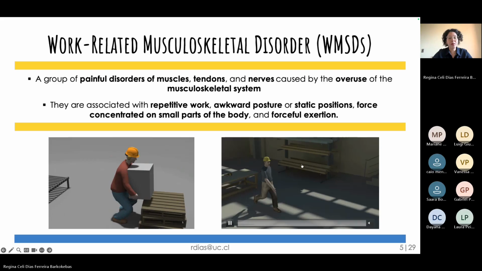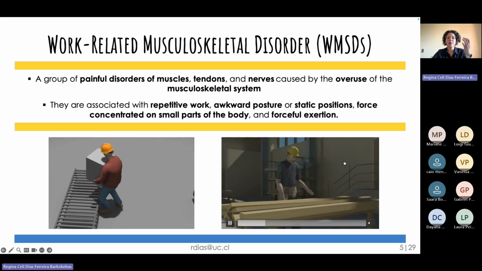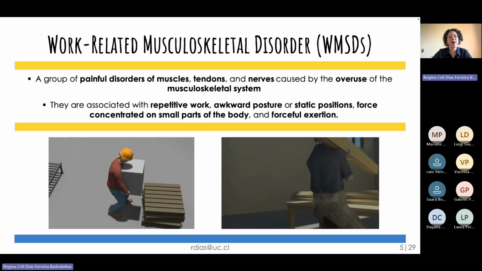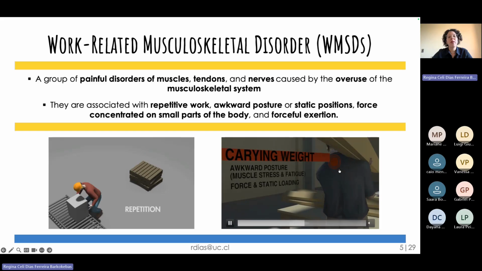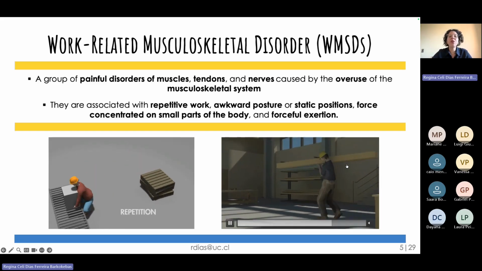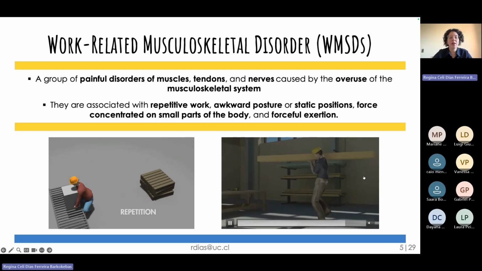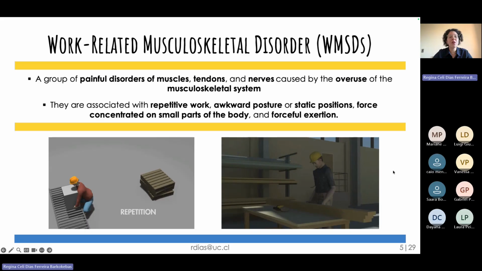And also because of loads. So you can have a bending in your neck or on your trunk, and also carrying heavy weight. And imagine doing that again the whole day. So those are some of the situations that we see in industrialized construction that can be a cause of work-related musculoskeletal disorder.